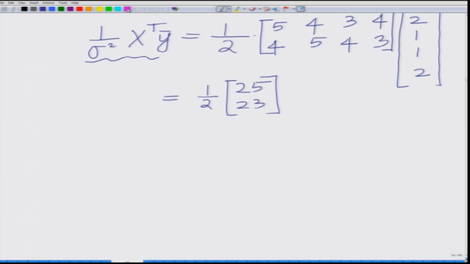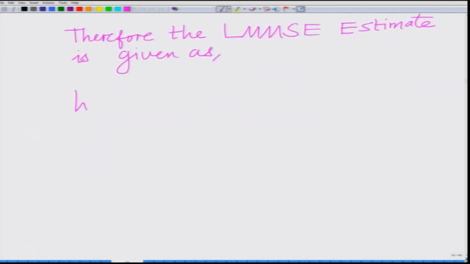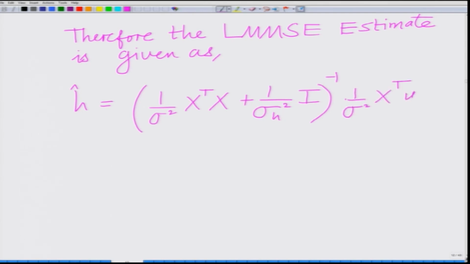Therefore, the LMMSE estimate is given as h hat, which is equal to, the first part is 1 over sigma square x transpose x plus 1 over sigma h square identity, inverse, into 1 over sigma square x transpose y bar.